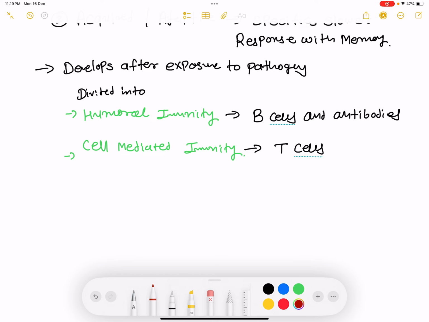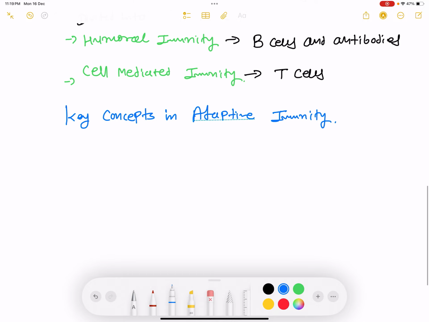So we are talking about key components. What are the key concepts in adaptive immunity? In adaptive immunity, there are two critical processes.